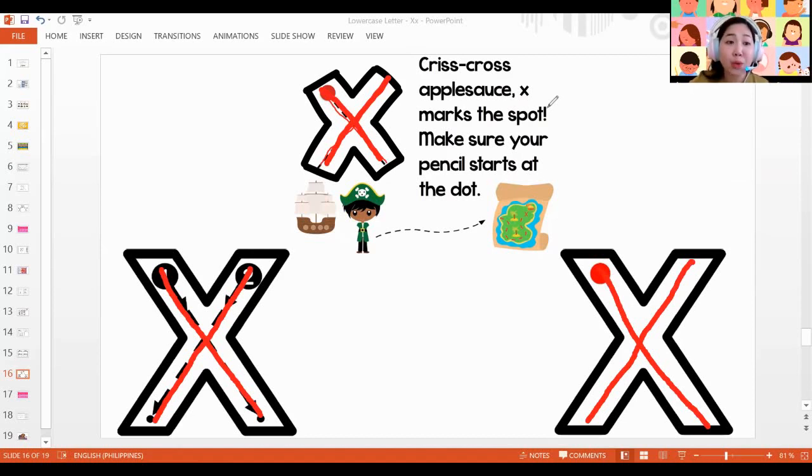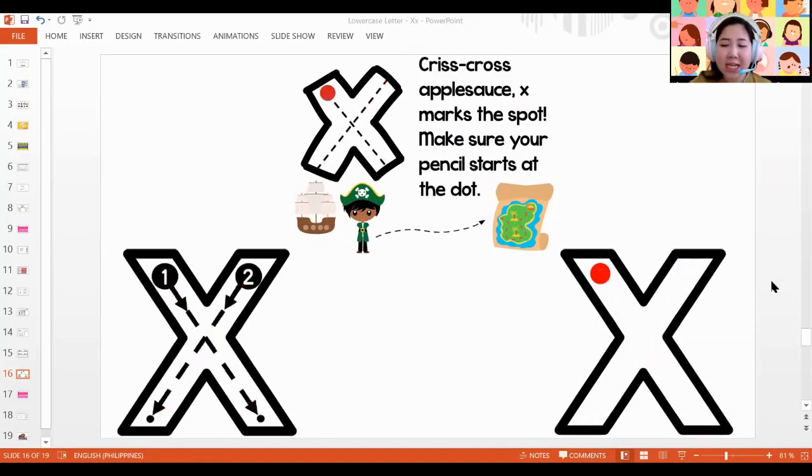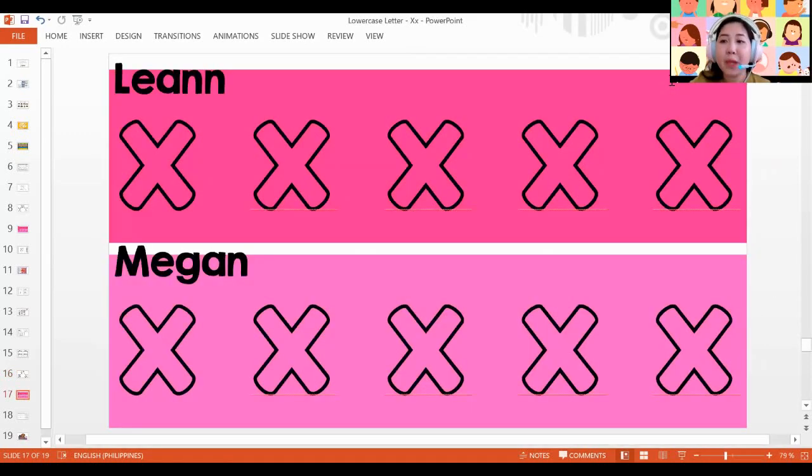You also have to get your whiteboard markers and practice writing lowercase letter x also. So teacher will write also on the screen again, but you can pause the video so you can write also where your name is written. So I'll start with Lian's side again. Cross.